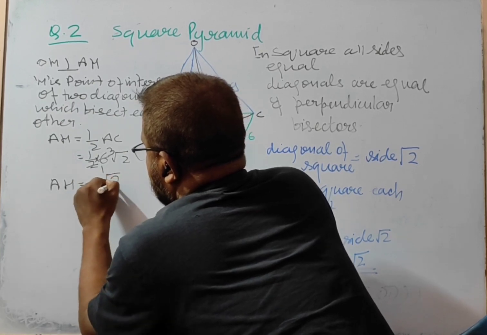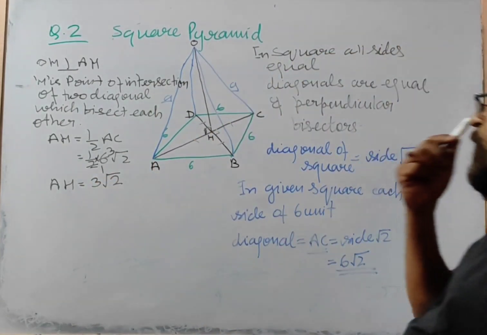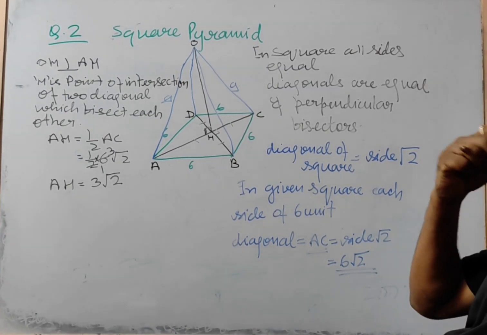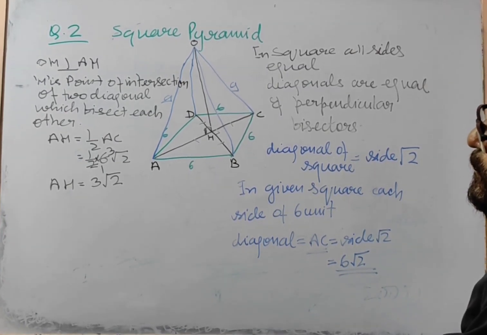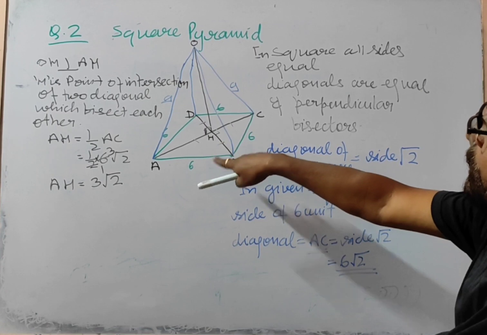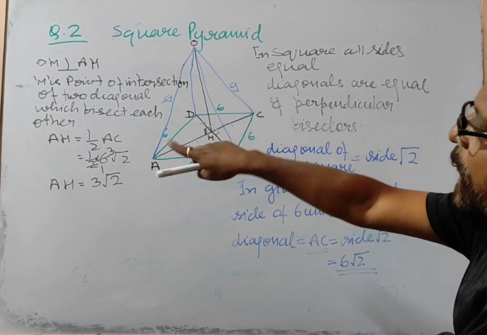Getting? AH is 3 root 2. AH is half of AC.